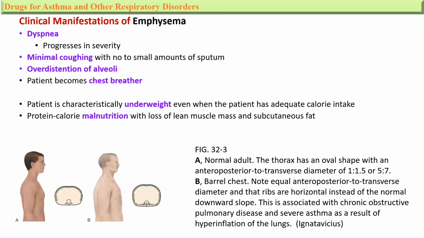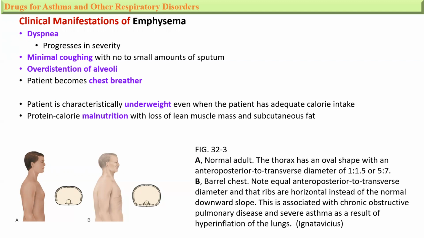So patients with COPD, especially asthma or chronic bronchitis, would have dyspnea. At the beginning, patients will first complain of dyspnea on exertion, and then it progresses to dyspnea that will interfere with ADLs at rest.